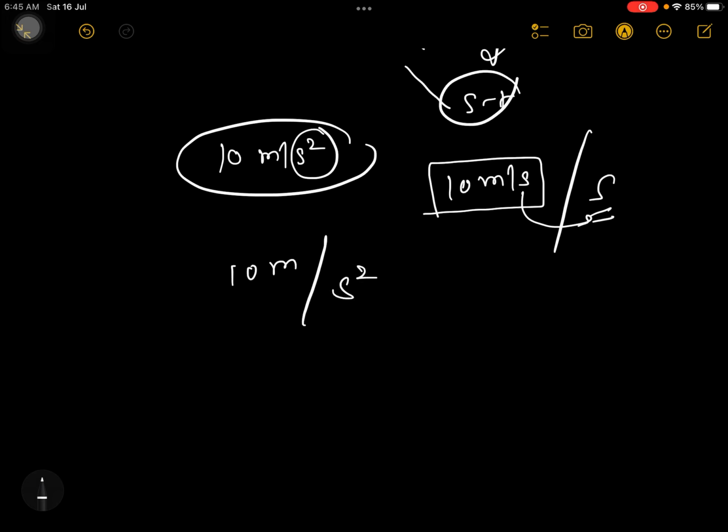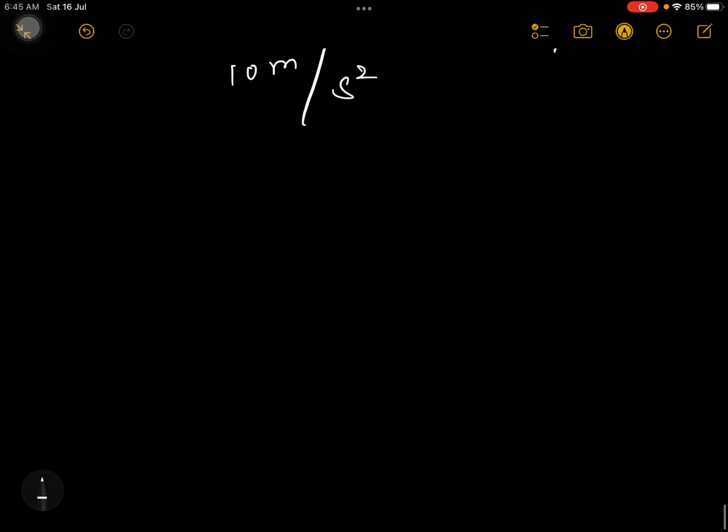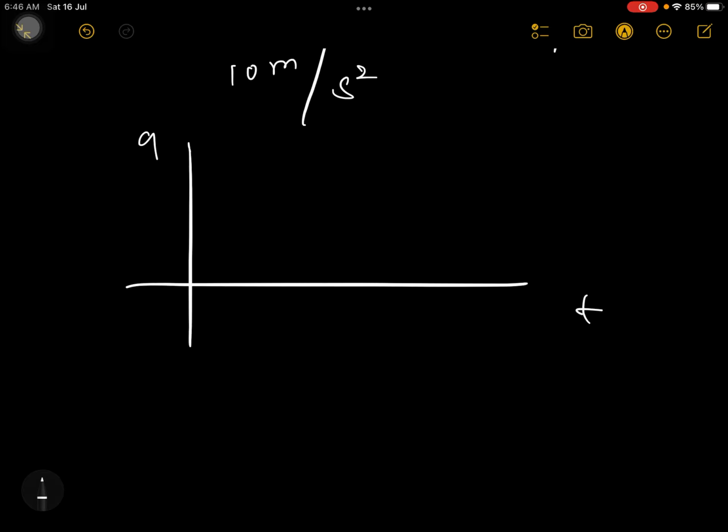If you are going to convert an acceleration graph into a velocity graph, let's make it using one example. So suppose you have an AT graph which looks like this. What does it mean? Meaning is with time this property is not being changed, your acceleration is not being changed.